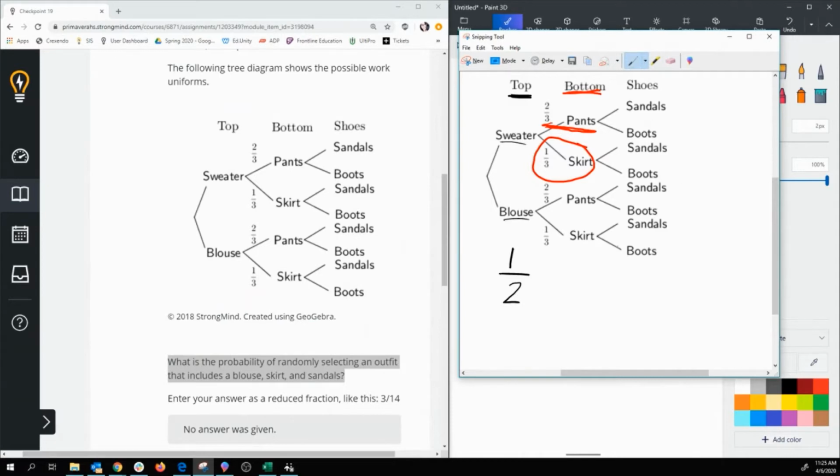The 1/3, which means she has a 1 out of 3 chance of picking a skirt. Okay, so if you have a problem like this on the exam, make sure that you are looking at it carefully. Okay, so if there's a fraction in front, that's the fraction for whatever outcome it's giving you. Are there questions on how we got that 1/3 for the skirt, or are we okay?